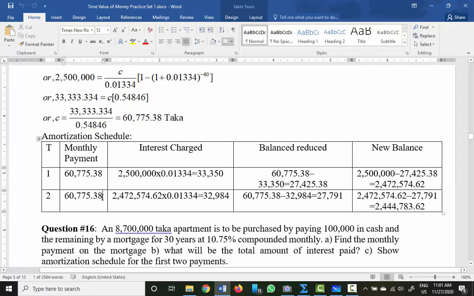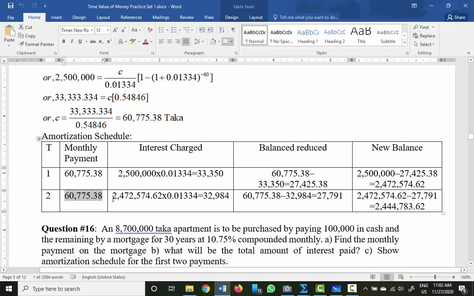So when you go for your second installment after the second month, again 1 month is over.